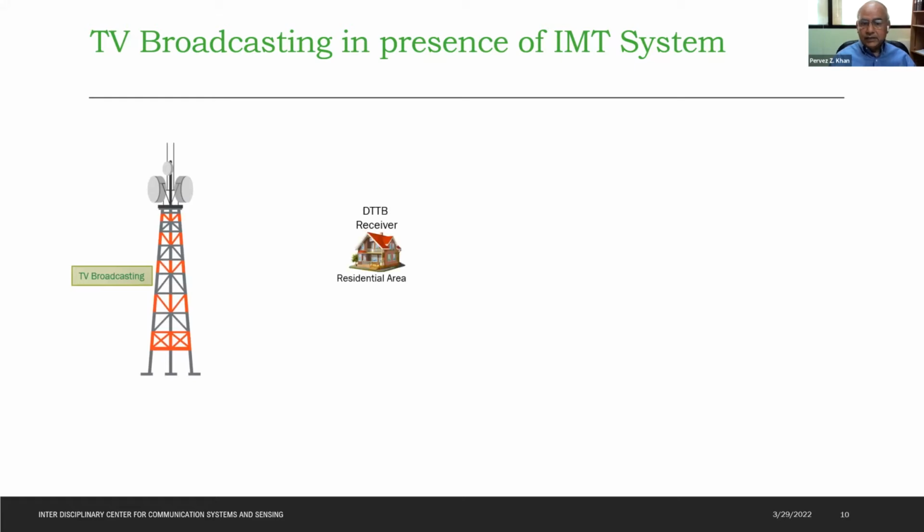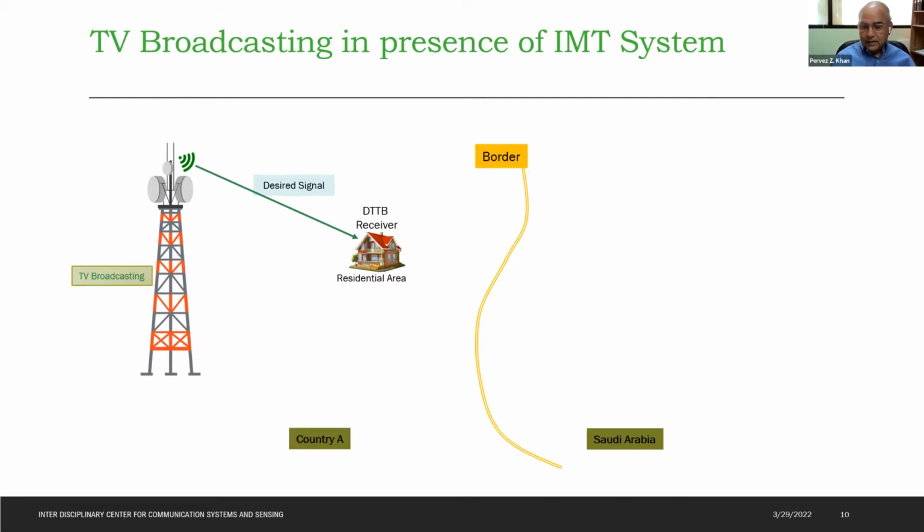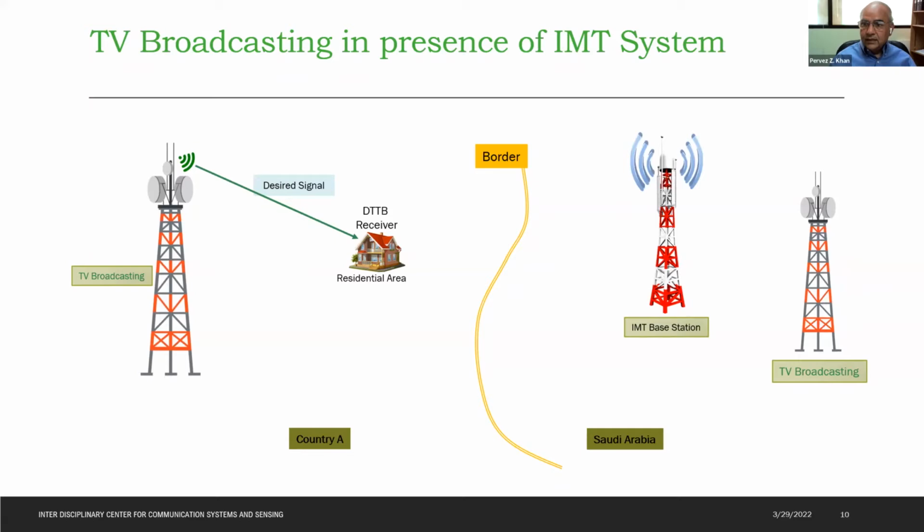This is a TV broadcasting setup, and there's a DTTB receiver in a residential area. You receive the desired signal, the signal is clear, and you have good viewing on one side of the border. On the other side, in another country, like Saudi Arabia, you have TV broadcasting, and you want to have an IMT base station in place of TV broadcasting.